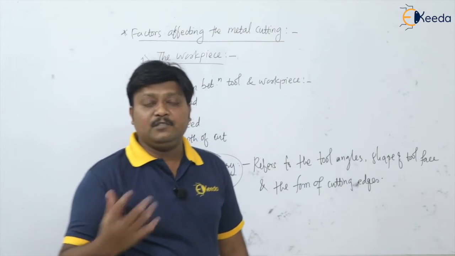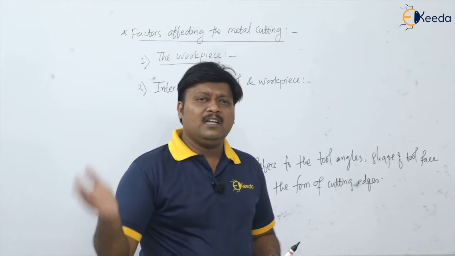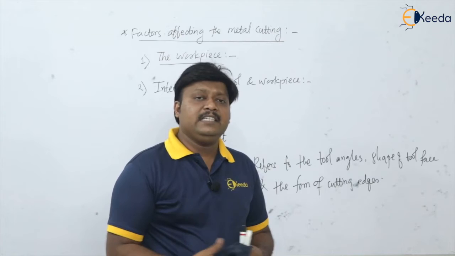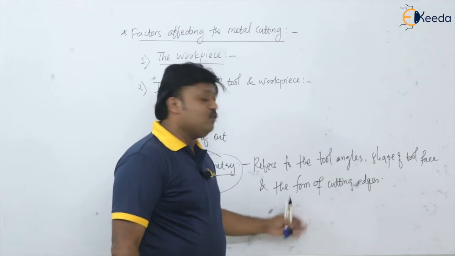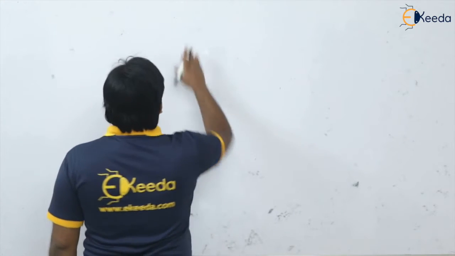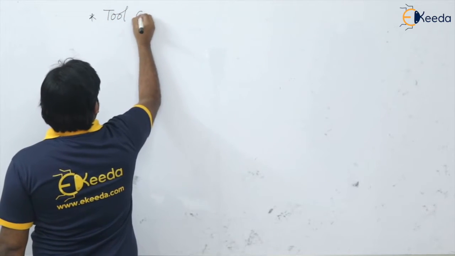And you know what is in the tool geometry? It refers to the tool angles, the form of the tool faces, the shape of the cutting faces and the form of the cutting edges. So now we are going to talk about the tool geometry.